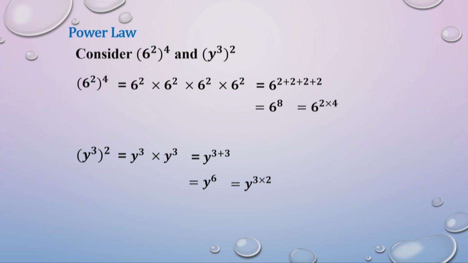So what can you observe here? We are multiplying the powers. So a to the power of x raised to the power of y gives a to the power of x times y, that is a to the power of xy. And this is called the power law.